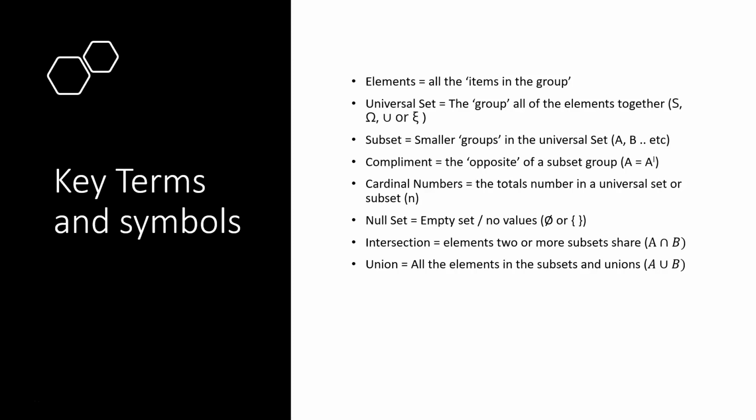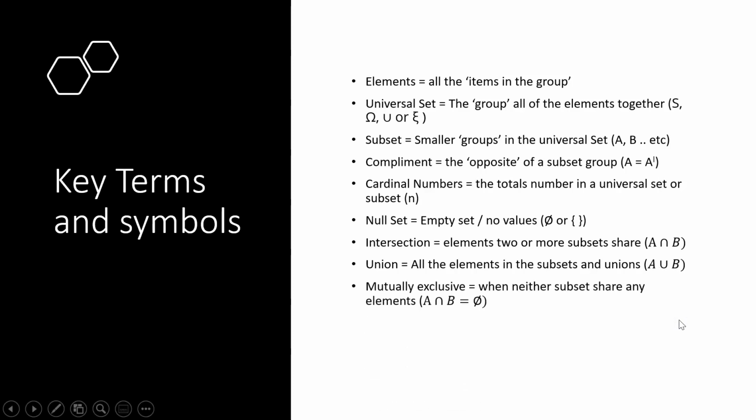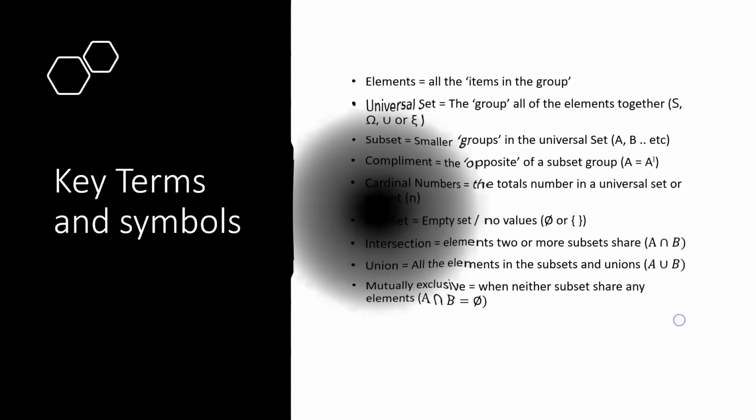But it's all of the elements within the circles and within the intersection. That's the union. And remember, when we're using that mathematical notation, union is the U in between the A and B. Mutually exclusive. So this is where you have two circles, but they don't overlap because there's nothing that the two subsets have in common.